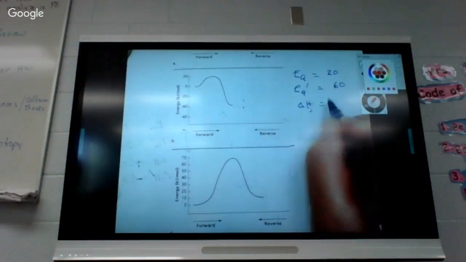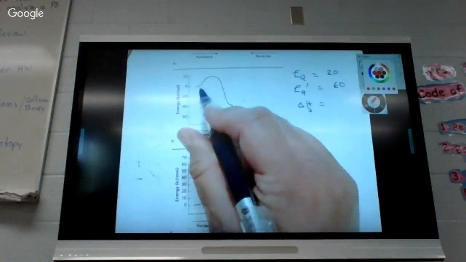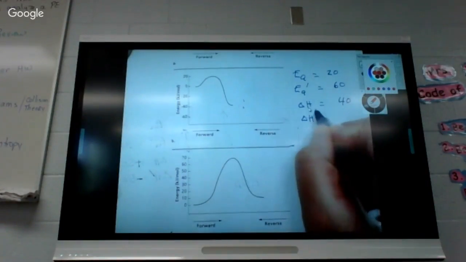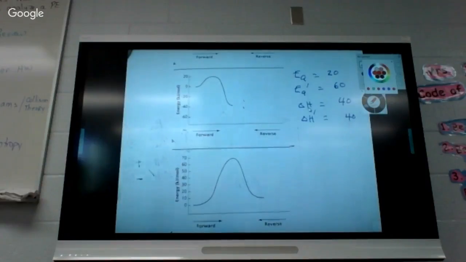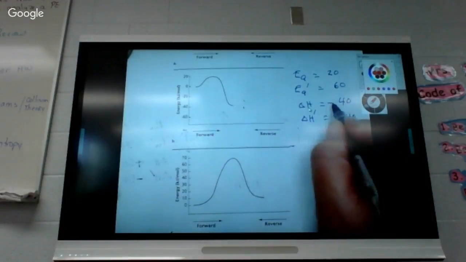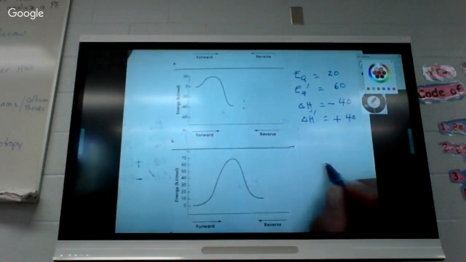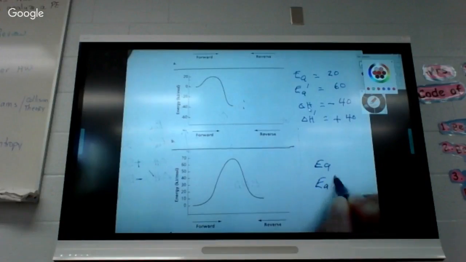Delta H, negative 40 to 0, so that's going to be 40. So delta H reverse is going to be 40. Is it endo or exo? So we said it was negative and positive.